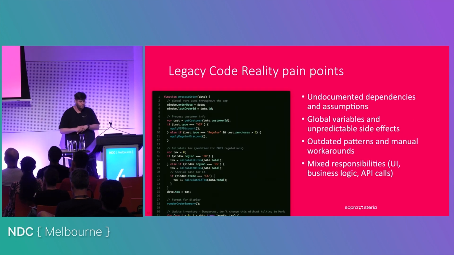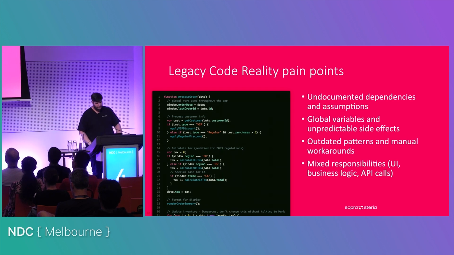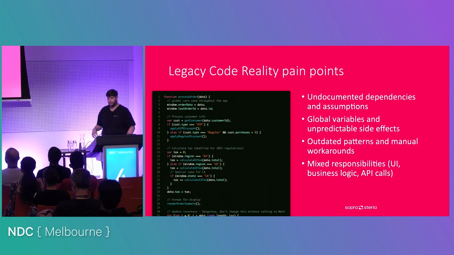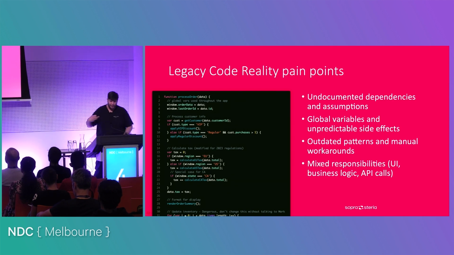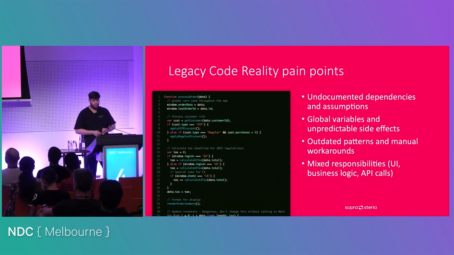Considering legacy code, there are some pain points that can be really bothering you. Things that are undocumented, variables that go all over your code base, things that don't work as intended, patterns that were useful a long time ago, but just like we see with the monkey trail, and workarounds that can be manual, not always for the long run.